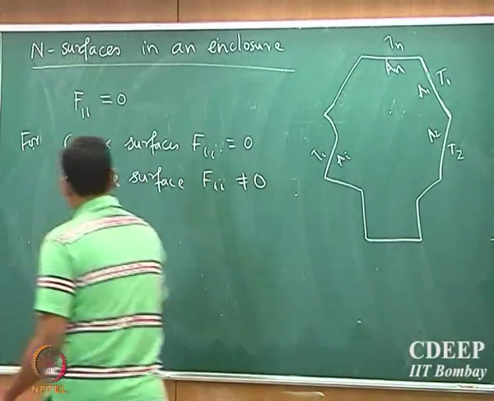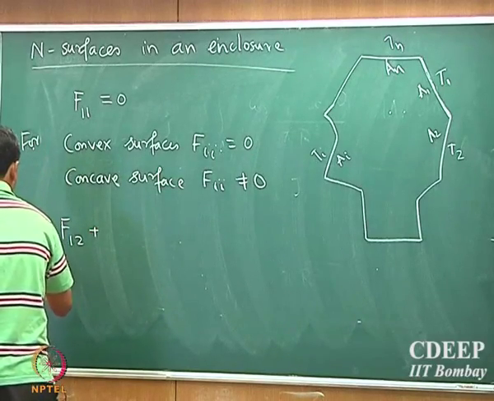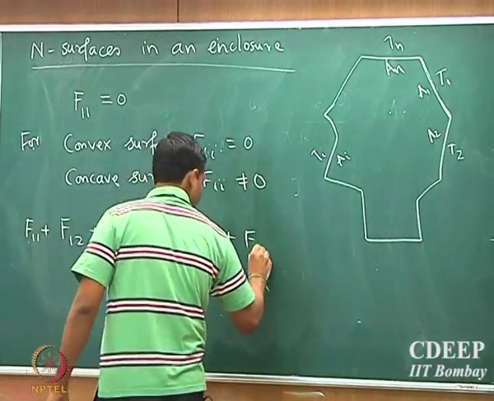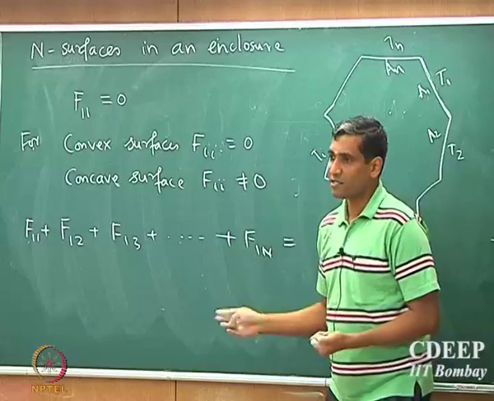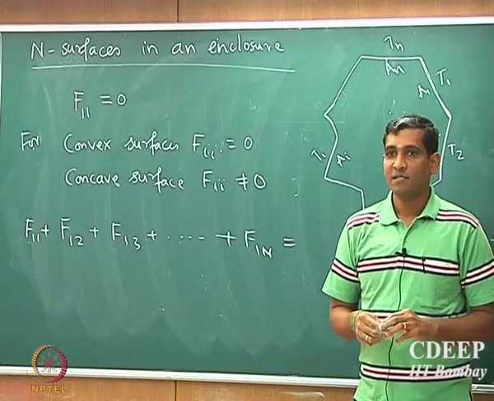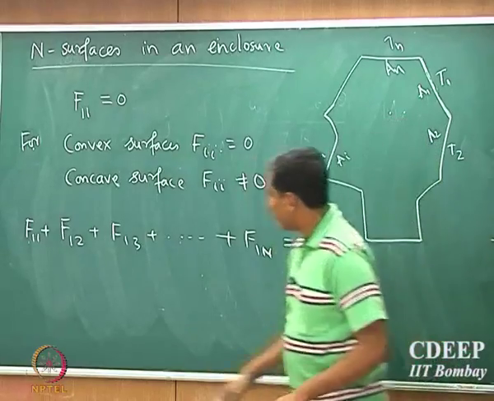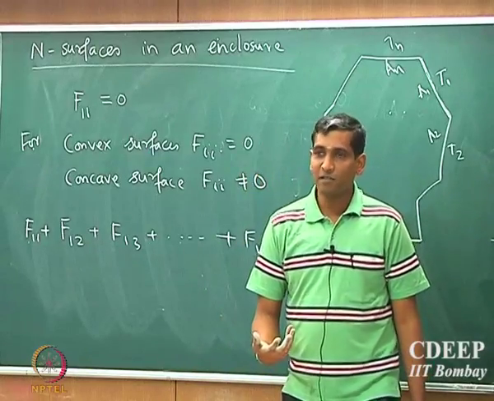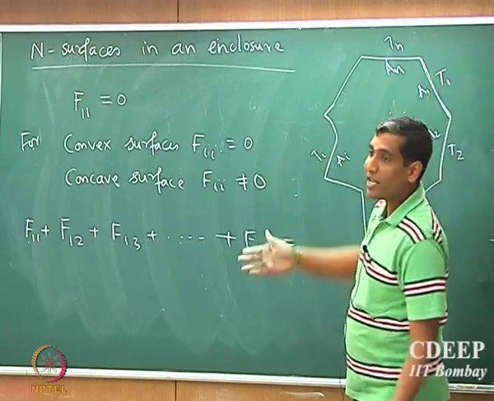What about the sum of F11, F12, F13, up to F1n? What will be the sum of all the view factors? It will be 1, right? Because by definition, view factor is the fraction of radiation that is emitted by a surface and received by another surface.